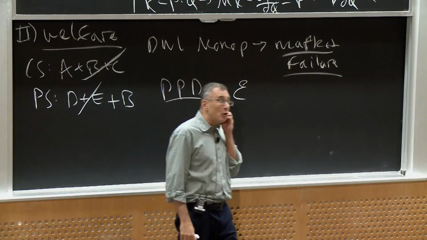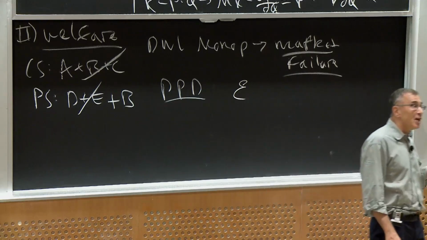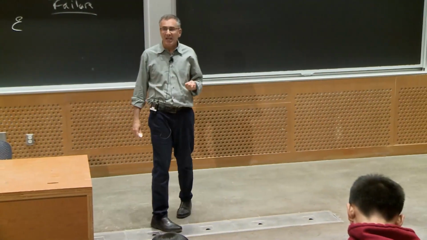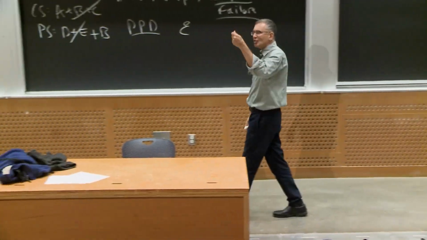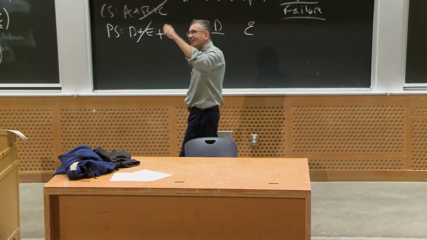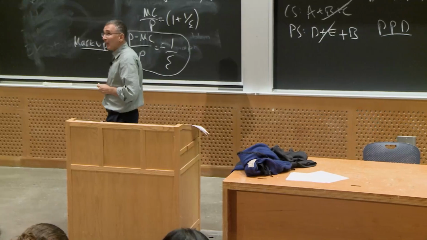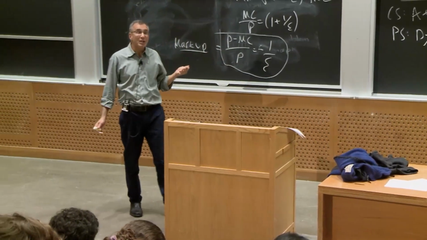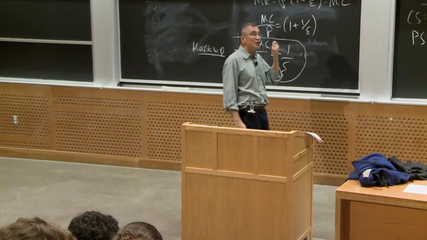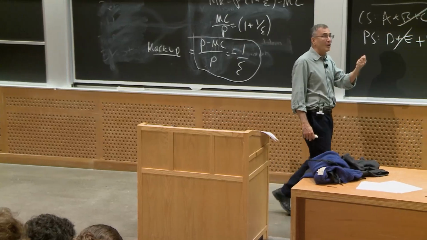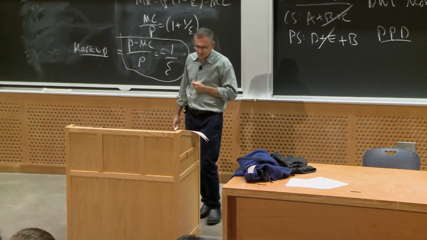If you're a monopolist, you want to charge a higher price to a low epsilon guy, and a lower price to a high epsilon guy. Remember, guys, gender neutral term. So if I knew everyone's epsilon, I'd be done, but I don't. So what I do is I look for signals that are correlated with your epsilon.